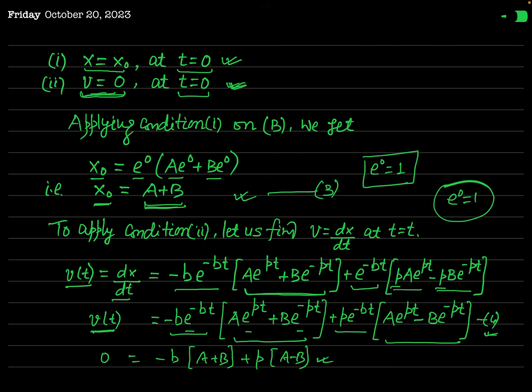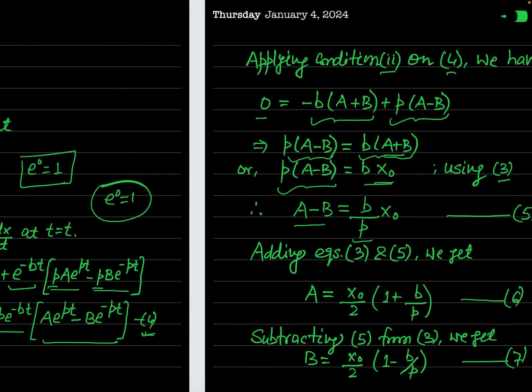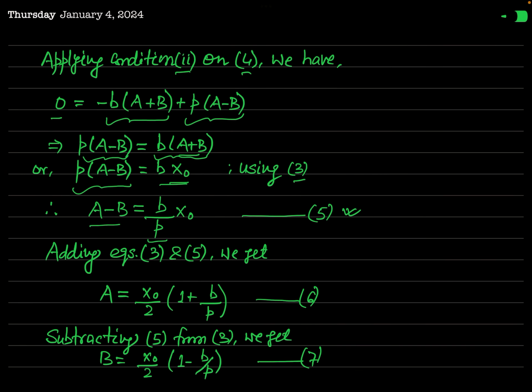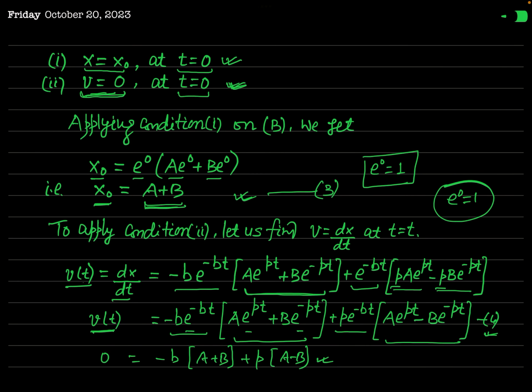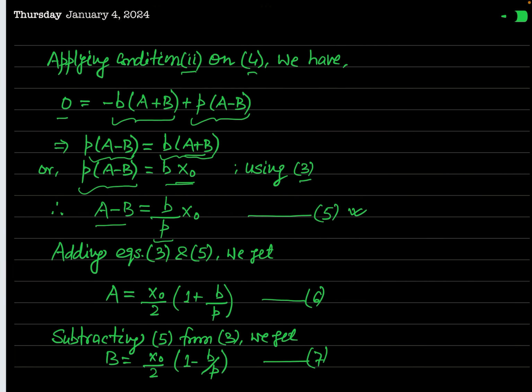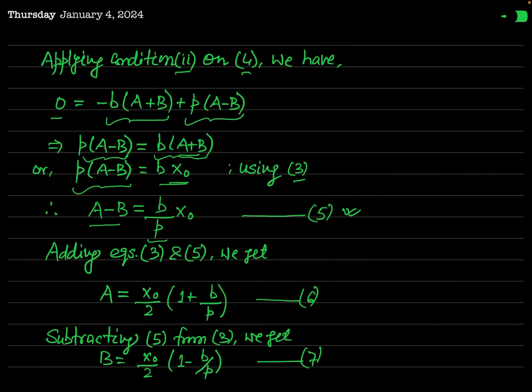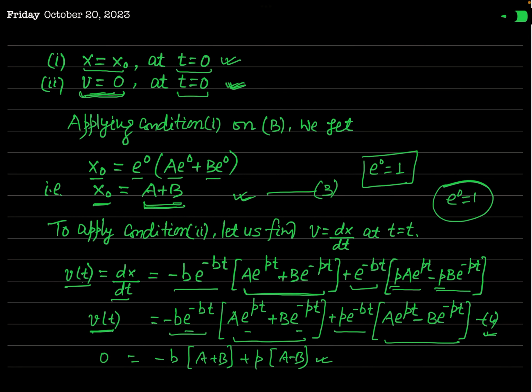If your aim is to find a, you will simply add these two equations, 3 and 5. When we add these two, b will cancel out, because in equation 3 it is plus and in equation 5 it is minus, and a plus a will be 2a.